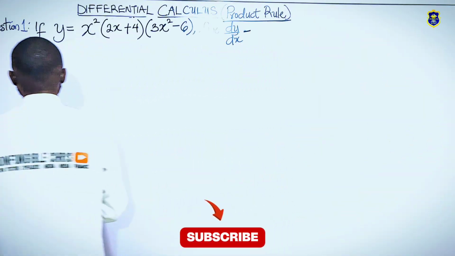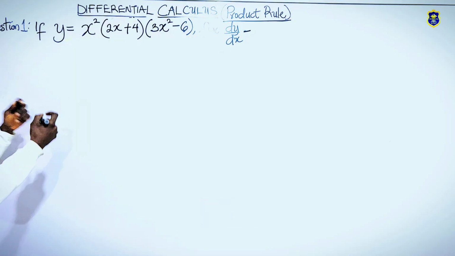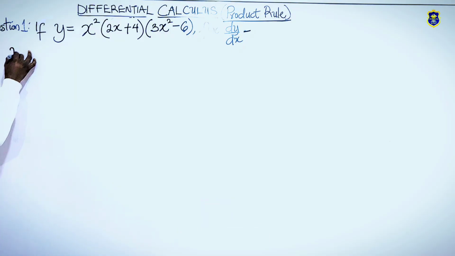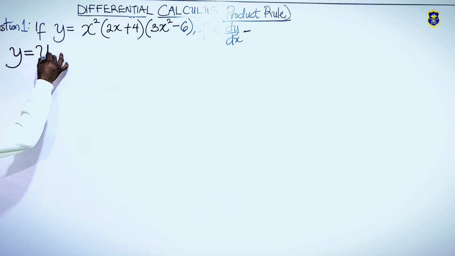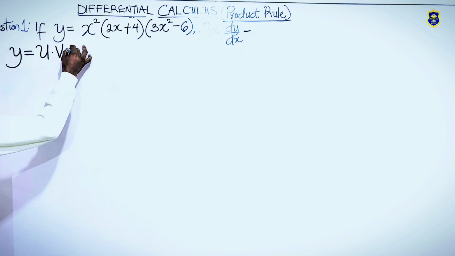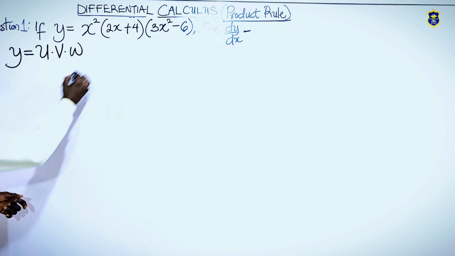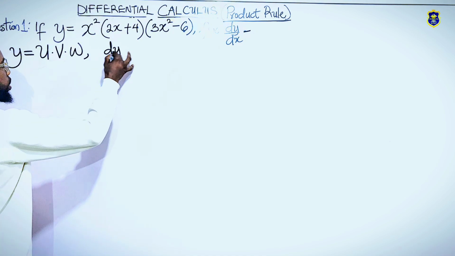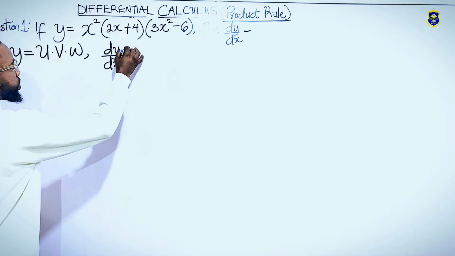So for this, remember we said if y is equal to u times v times w, then dy over dx becomes what?